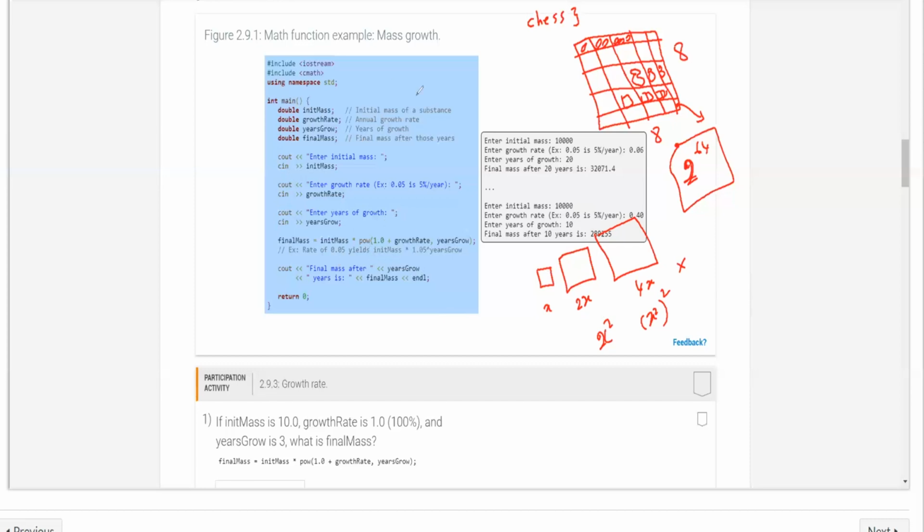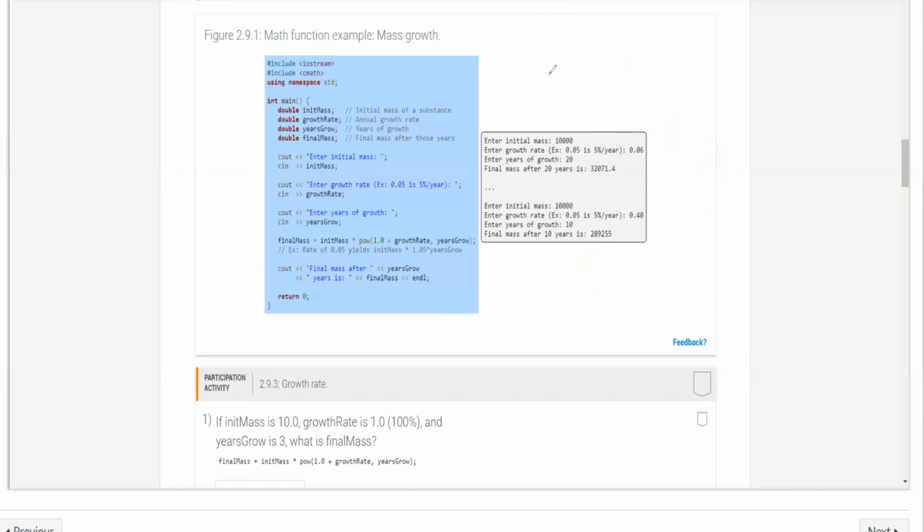So if you go through this sample right here, what I want to point out is when you say the growth rate, it is not just multiplying a value with the growth rate. For example, here you're talking about the mass of a tree or something like that.